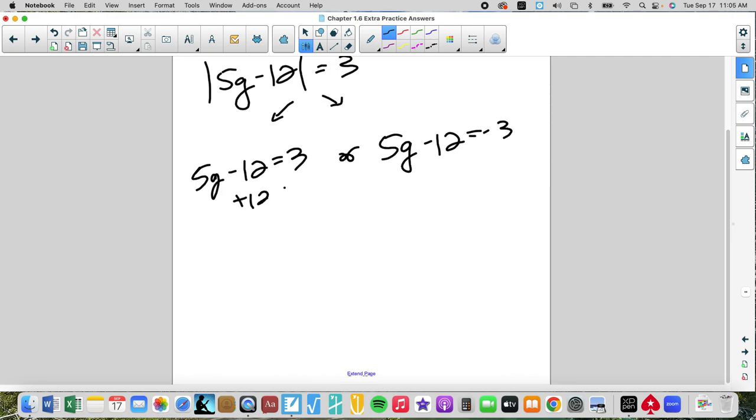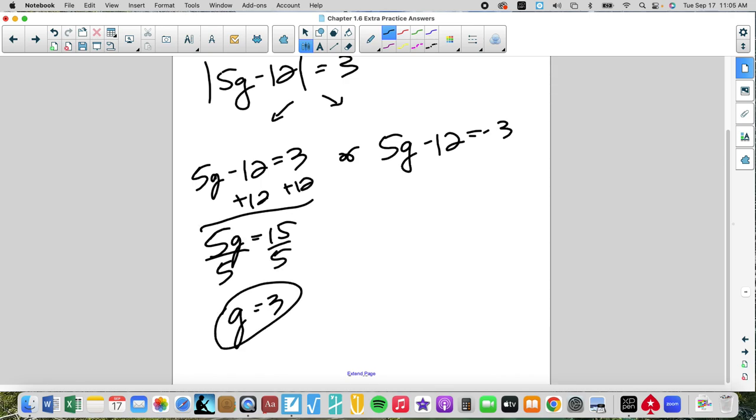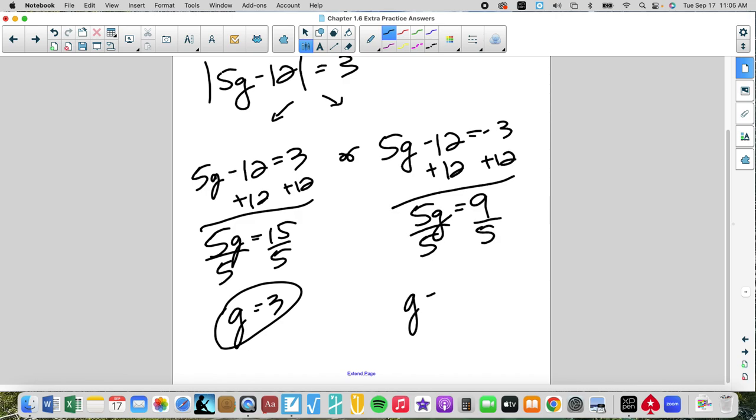We'll add 12. 5g equals 15. Divide by 5. G equals 3. We will add 12. 5g equals 9. Divided by 5. G equals 9/5.